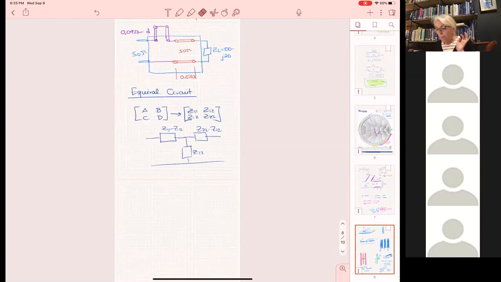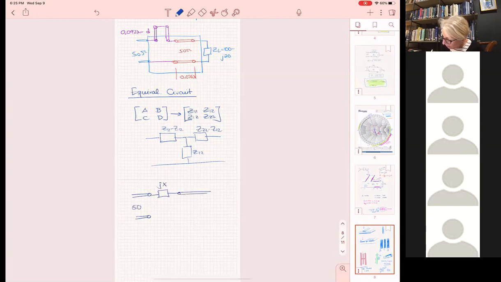Here is what I was going to do. Instead of the stub, I was going to replace the stub with its equivalent reactance because it simplifies it a little more. So if I do that, I still have this incoming 50 ohm line, then this reactance here, jX, then this section of the line, and then my load.